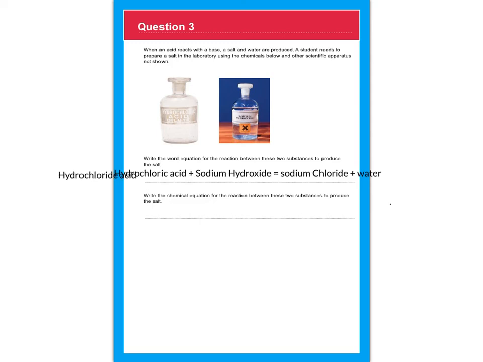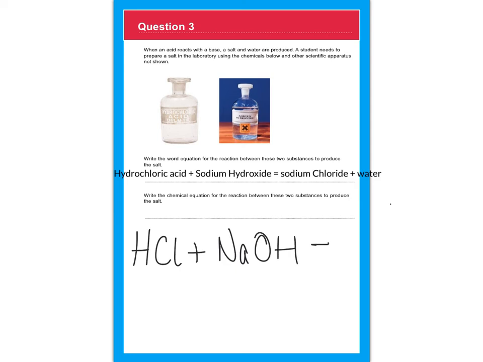The chemical equation for the reaction between these two substances is as follows then. HCl is a capital H, capital C, lowercase l. Sodium hydroxide is NaOH, to give me sodium chloride, NaCl, plus water, H2O.